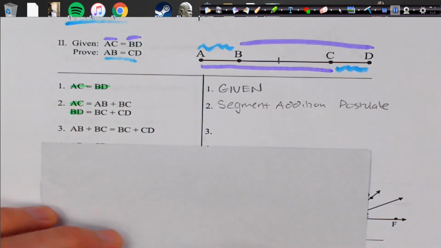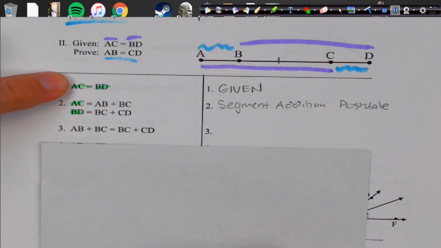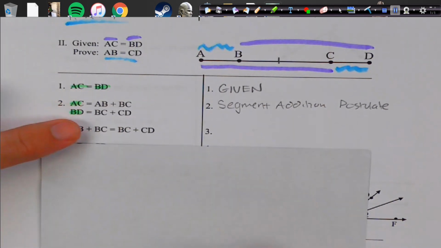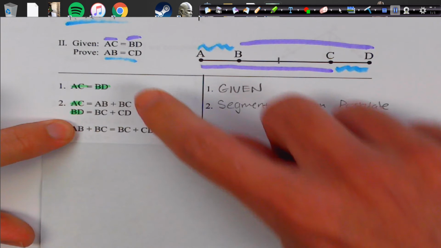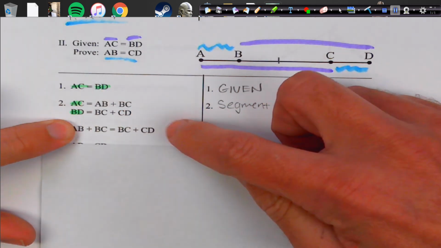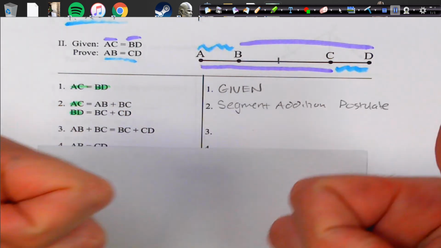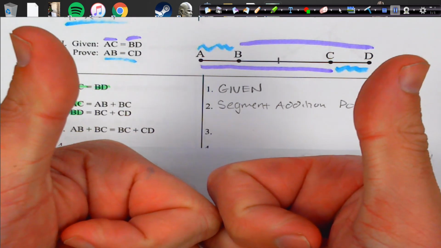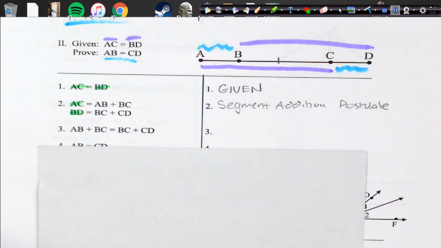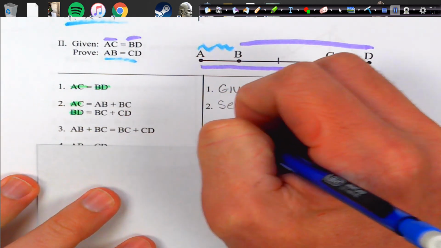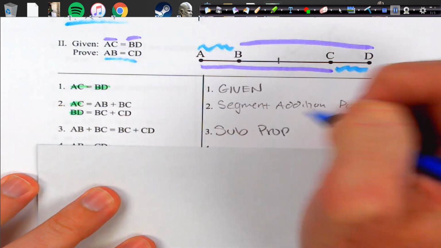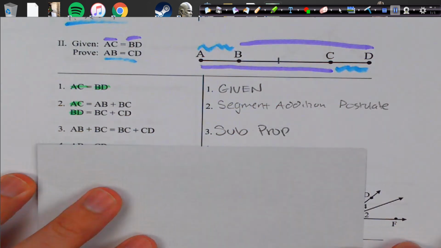Well, I basically took this equation here, but instead of writing AC, I wrote what AC equals, and instead of writing BD, I wrote what BD equals. So we would call this substitution. Yes, this is substitution property. I substituted the values in for AC and BD.